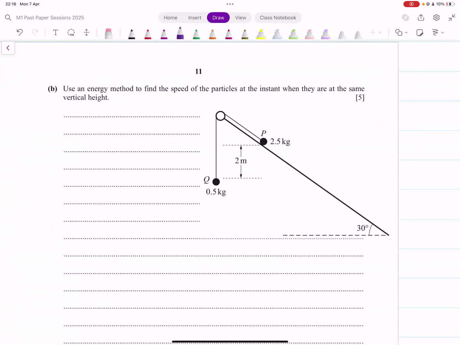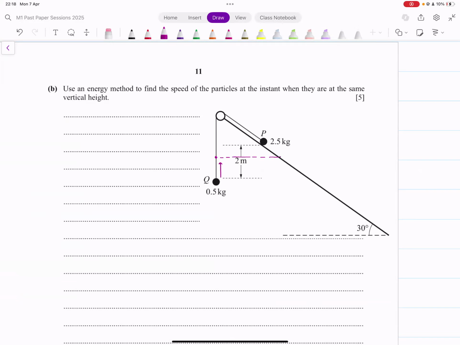So P is moving down the plane and Q is moving in the upwards direction. At some point, they have the same vertical height. What does that mean? That means if Q was, for instance, to come up by a certain distance, so let's say it comes here, then P should be here.